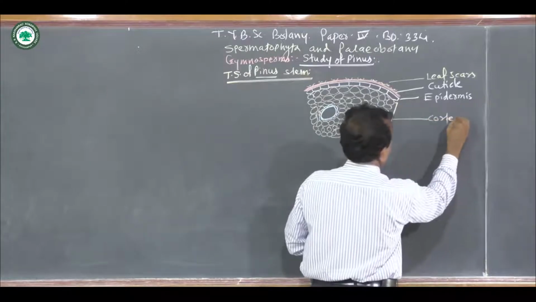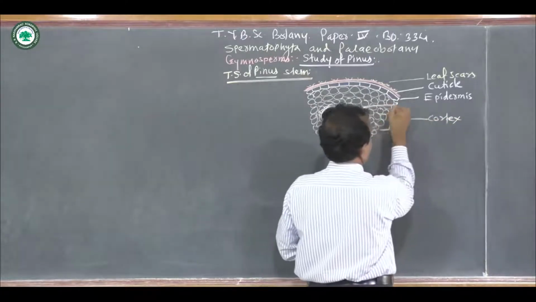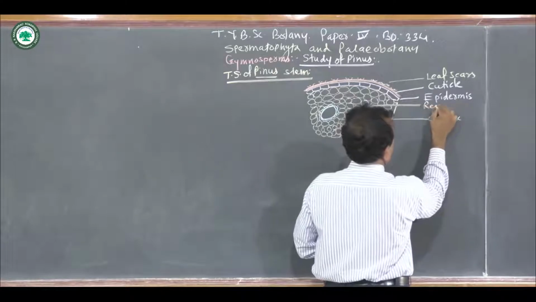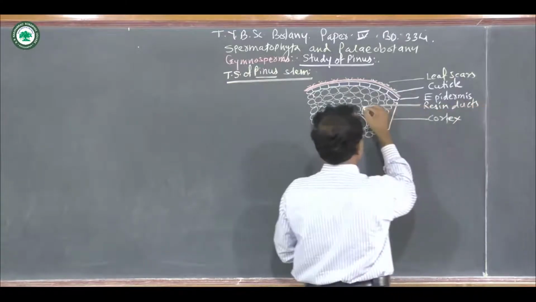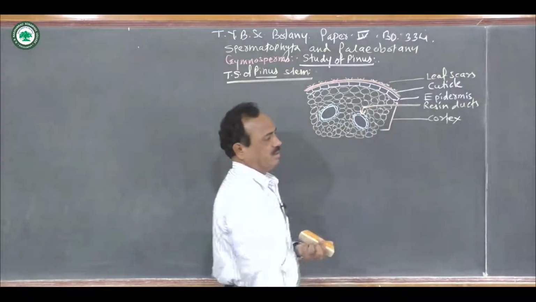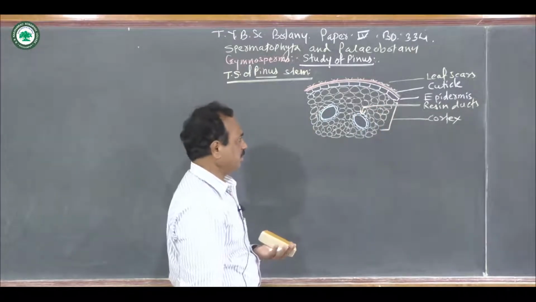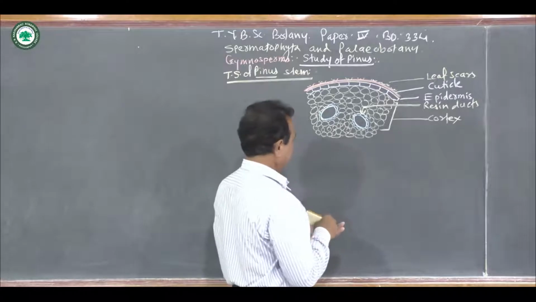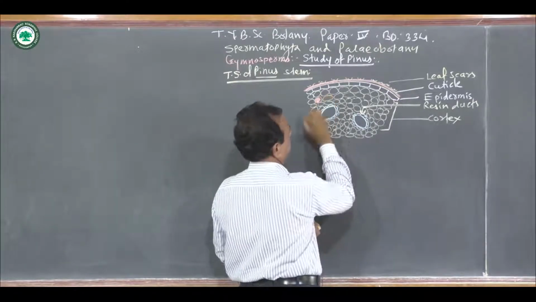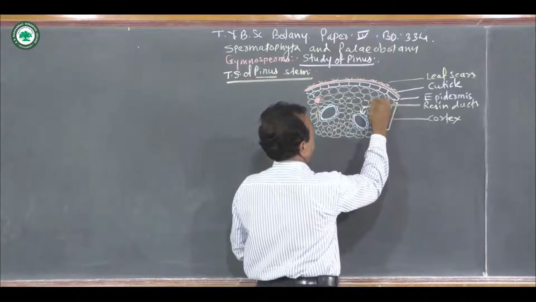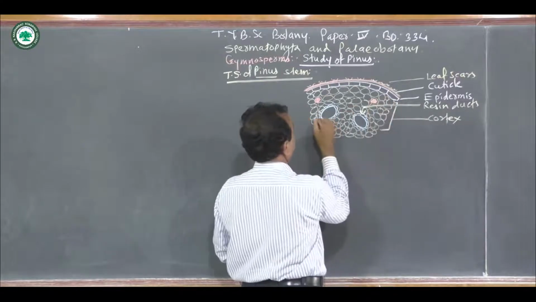This cortex shows the presence of resin ducts. These resin ducts secrete the resin substance, and many cells of this cortex also show the presence of tannin cells.